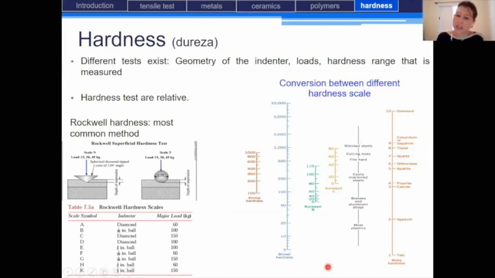Each hardness scale has specific technical standards that tell you the dimension and shape of the indenter, the load, etc., that should be applied in order to get the result and to be able to see if the hardness of the material is low or high on a specific hardness scale.